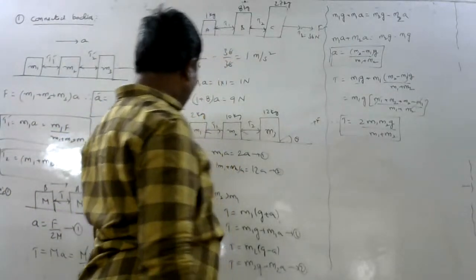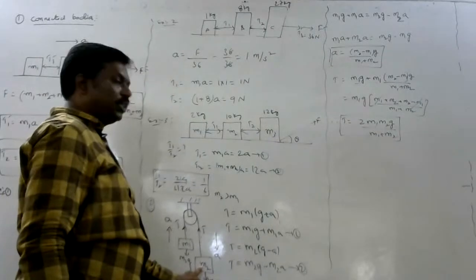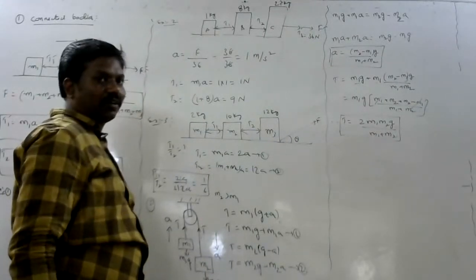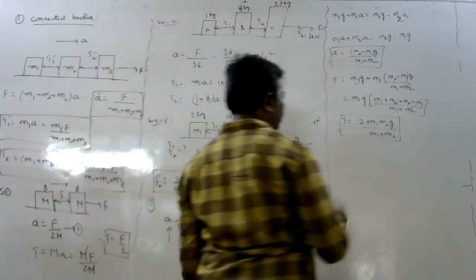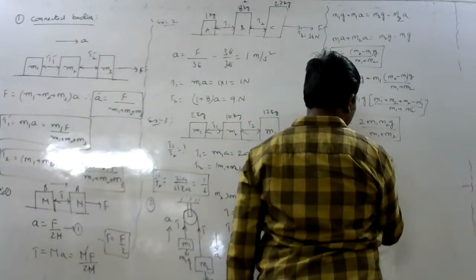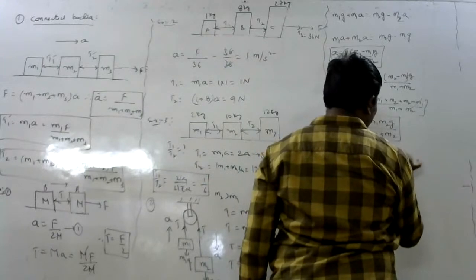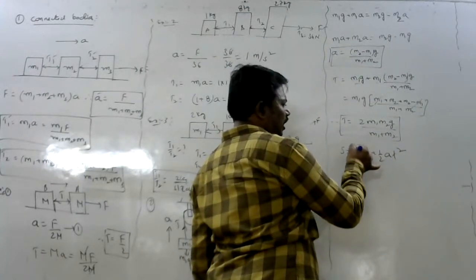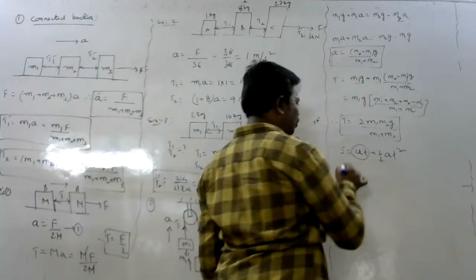And also, if the block m2 is initially at rest, find the distance traveled. From the equation of motion, s is equal to ut plus half at square. Initially at rest means u is equal to 0.